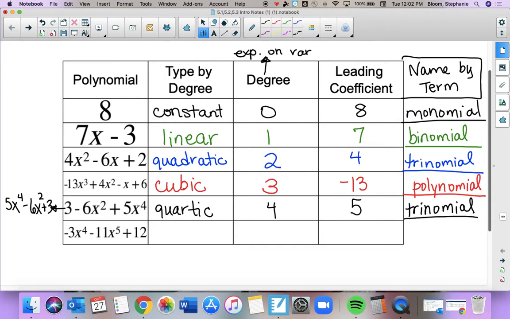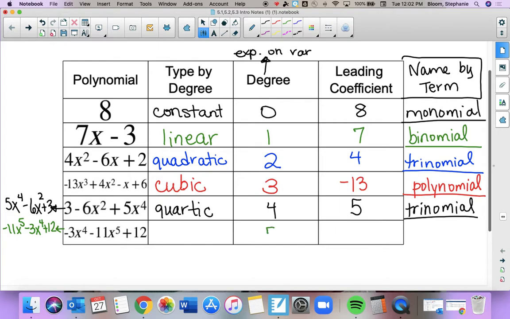Okay, last one. Is this one in standard form right now? It is not. Can somebody put it in standard form for me? Lucy? Good. So what's the degree of this one?